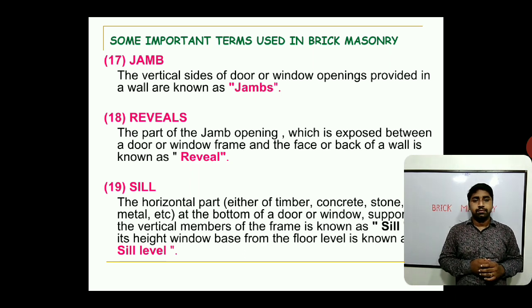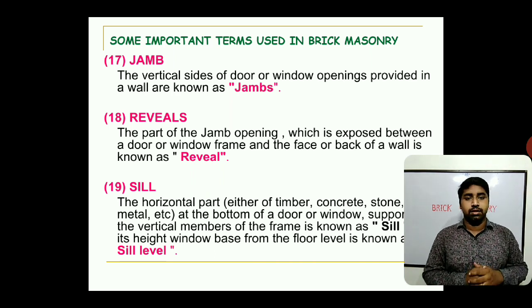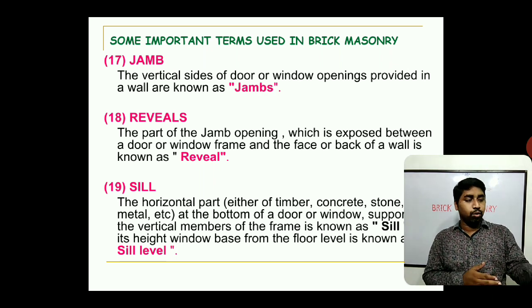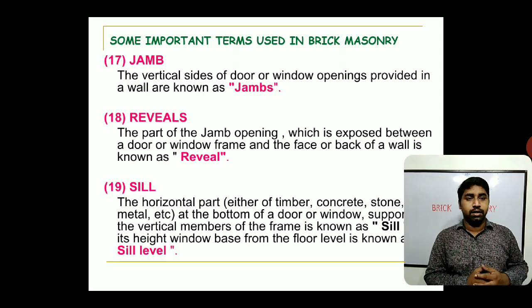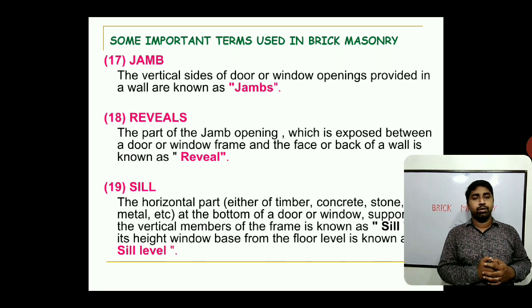The part of the jamb opening which is exposed between a door or window frame, the brickwork which was there between the door and the window frame, or a wall between a door or a window frame.